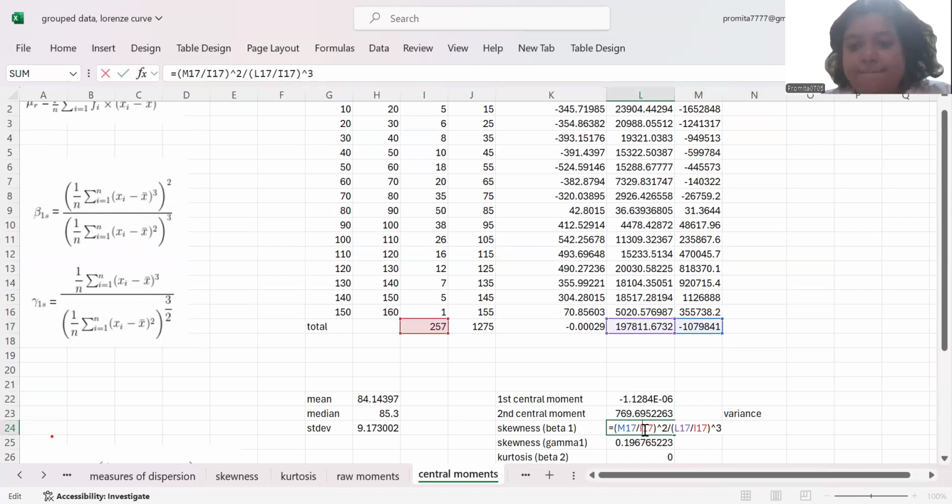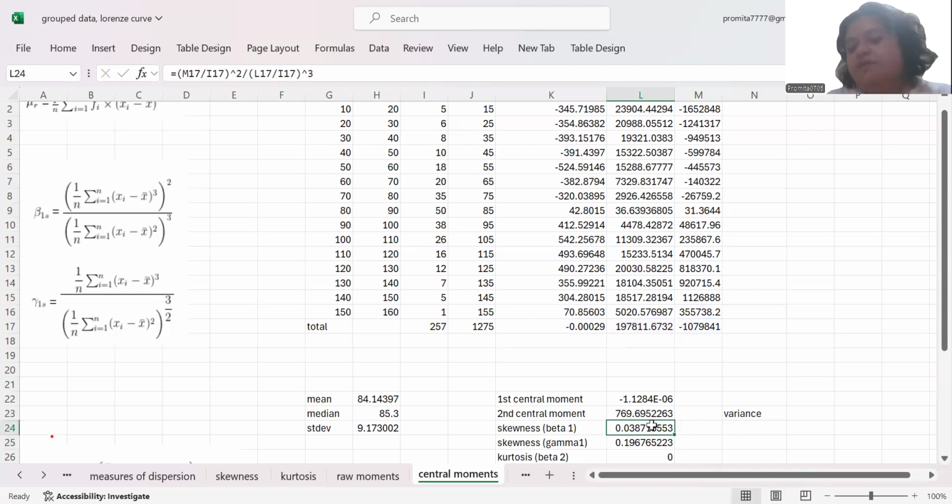So equal to this divided by 257 whole square, whole divided by summation fi into xi minus x bar whole square divided by this, and whole cube.